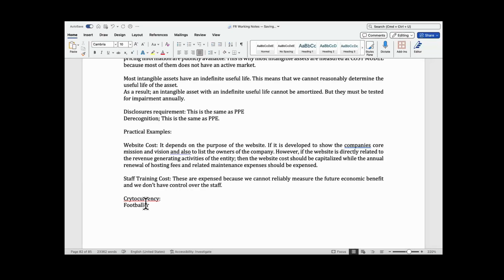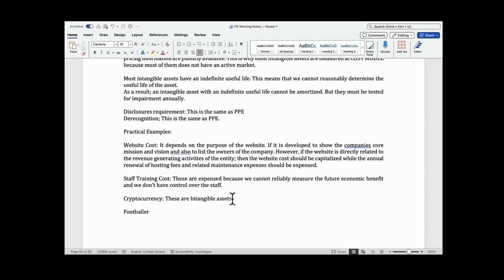Now, cryptocurrency. Cryptocurrencies are like Bitcoin and all of that. So these are intangible assets because we cannot touch them. And yes, they make money, they appreciate and all of that, but they are basically an intangible asset.